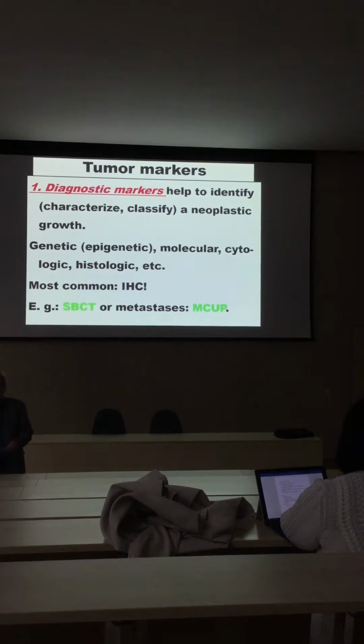And needless to say, in many cases, nowadays still, the best way to treat a primary is to remove it. But how can you remove it if you don't even know where it is? And no matter how sophisticated the imaging is, that scan combined with CT or MR, or all three, there are still lots of tumor foci within the human body, but which one is the primary? And the diagnostic markers often help us to determine them.